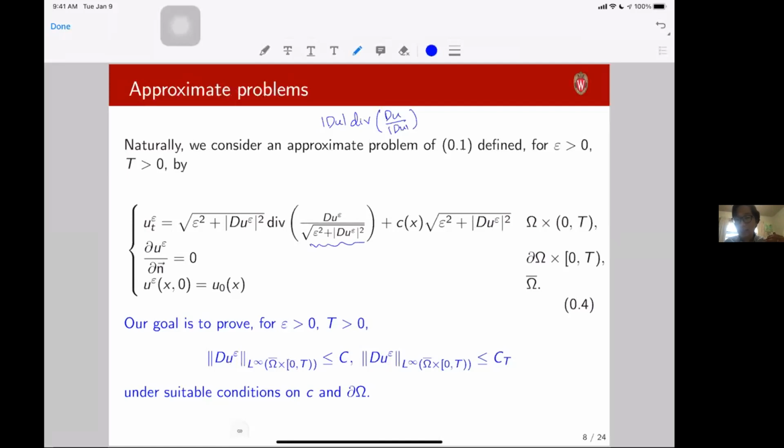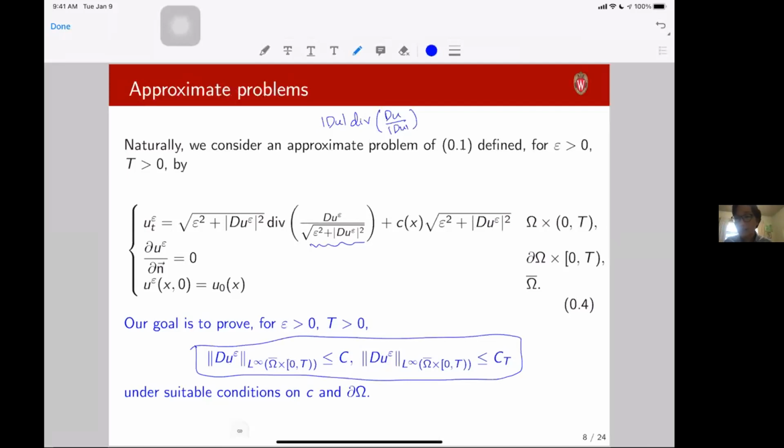And then if we can prove that Du is bounded, then we are in exactly the framework where the equation is uniformly parabolic. So if we can prove that Du epsilon is bounded from above, then we are in the uniformly parabolic region. And then we pass to the limit, letting epsilon go to 0. It's always the case for us that we want to get certain uniform estimates a priori, independent of epsilon, so that we can pass to the limit.